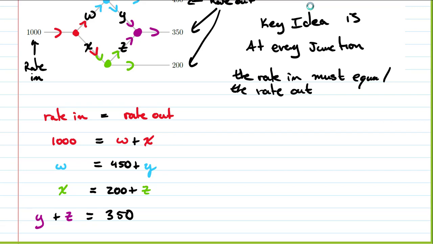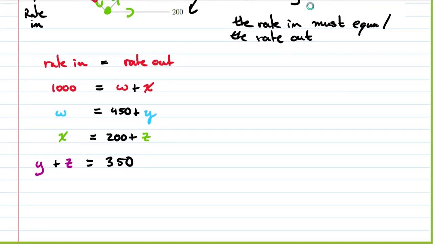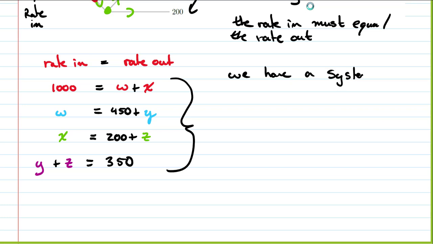We now have 4 equations and 4 variables. We can solve this system of equations. So we have a system of 4 equations and 4 unknowns.